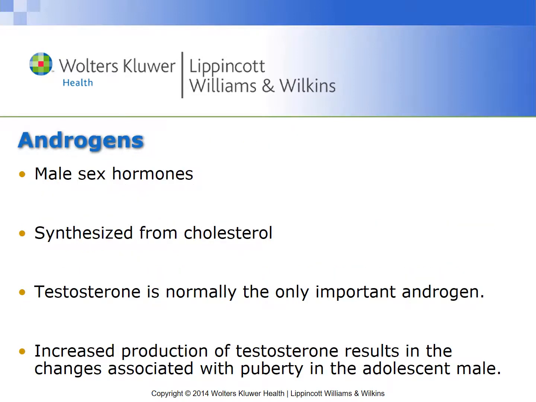Okay, so let's talk a second about your androgens. So we're talking mainly about your male sex hormones here that are synthesized from the cholesterol, and testosterone is normally the only important androgen, and it does have increased production of testosterone that can result in changes with puberty in the adolescent male.